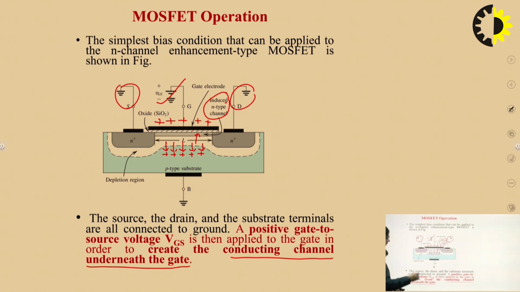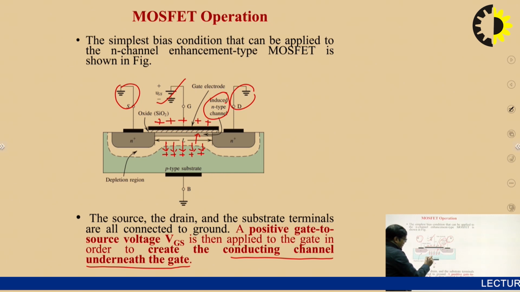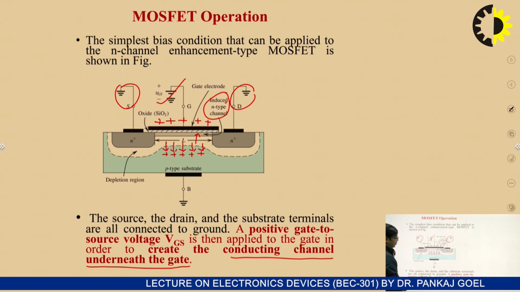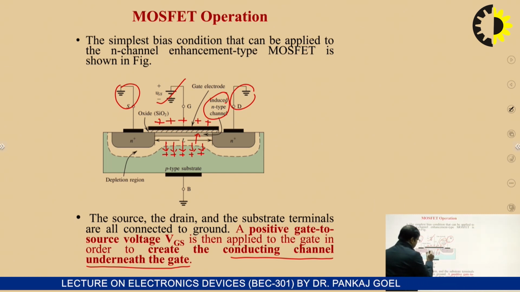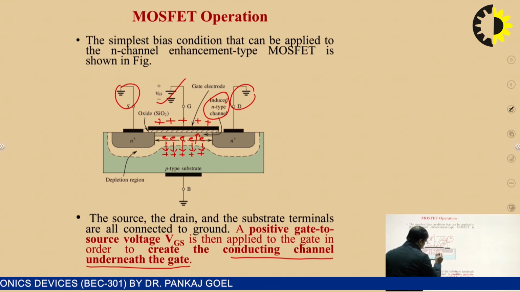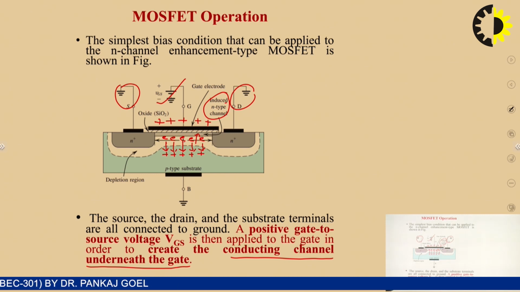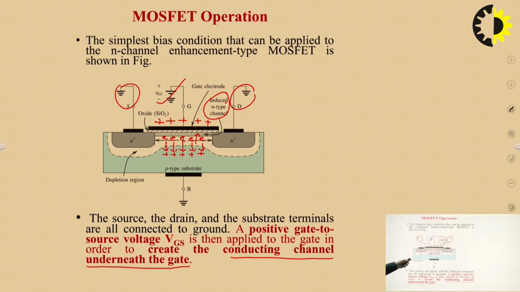And as the holes are repelled into the deeper region of the substrate, at the same time, the positive potential at the gate will attract the electrons from the deeper region of the substrate. So electrons will be attracted and holes will be repelled. Due to this phenomenon, an N-type channel is induced.